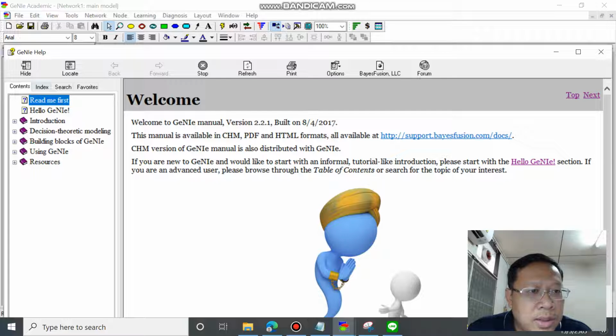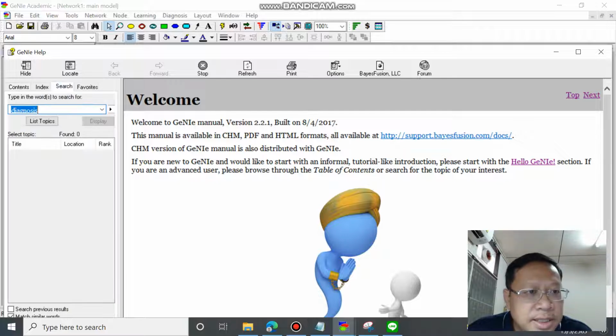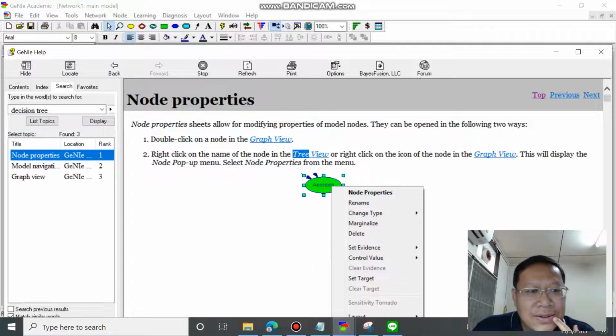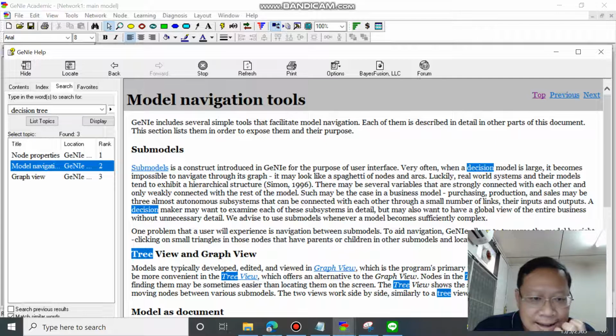You can go to this tab, search, and you type decision tree. I think this is decision tree. Found tree. I'm not sure. Just click on it. No, not this.